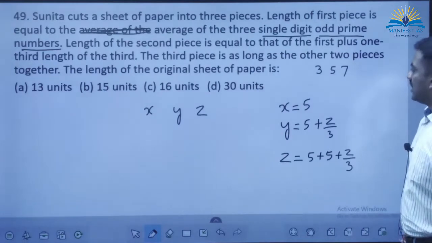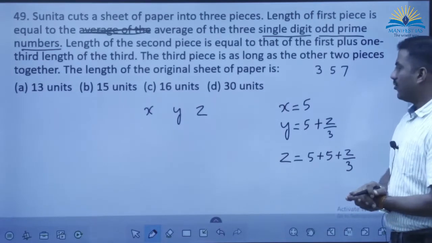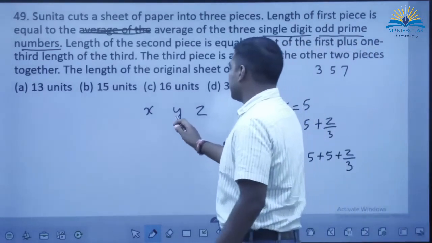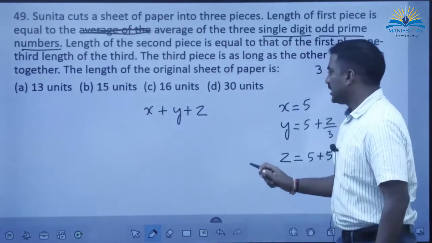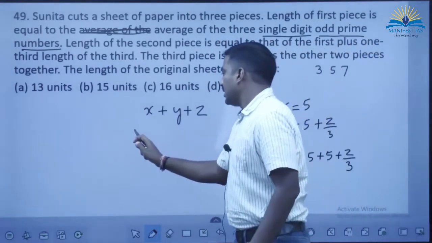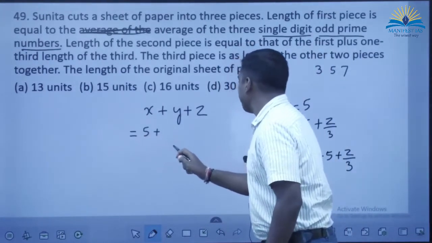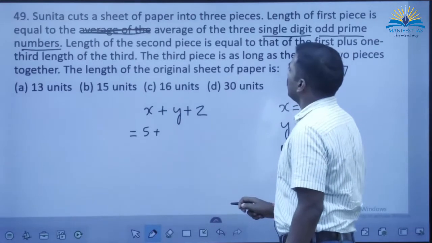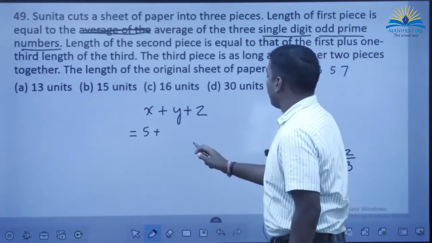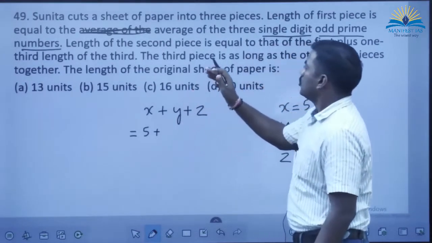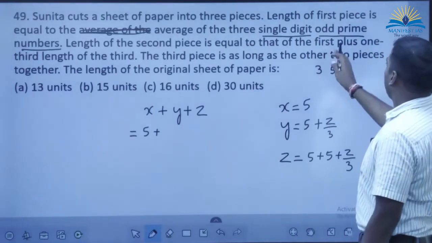Now, the length of the original sheet of paper. Length of the original sheet of paper. X plus Y plus Z. X plus Y plus Z. It is equal to first 5, then, did I miss something? 5 plus Sunita cuts, length of the first piece is equal to the average of the, okay.